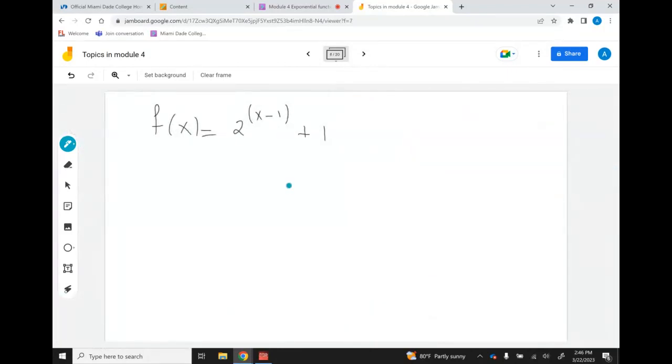Now, we're going to translate this, right? We're going to move it around. Now, if the graph that you had was only 2 to the x, you know what the graph is, right? We did it. Let's say it's this one. This is 2 to the x. Well, what about 2 raised to the x minus 1? That means that I'm going to move this point 1 unit to the right.